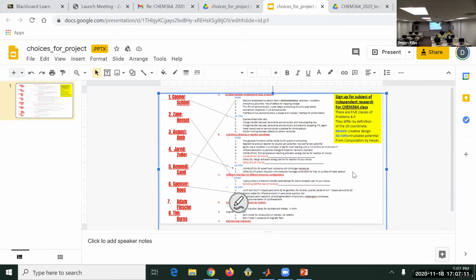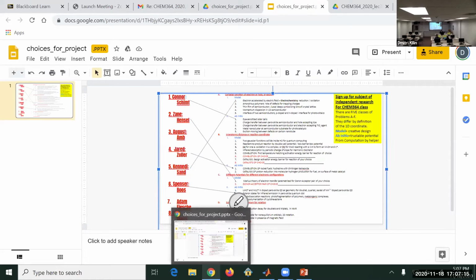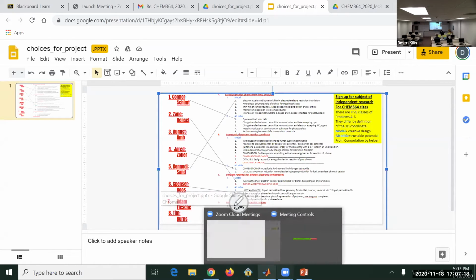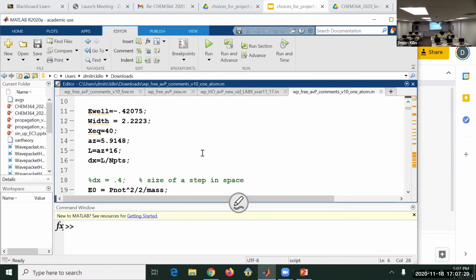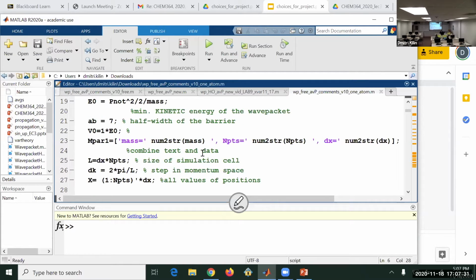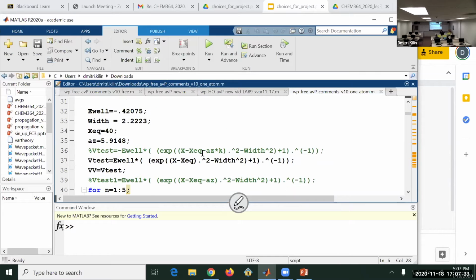If you have seen the code that I have sent to everyone, let me bring your attention to line 37.